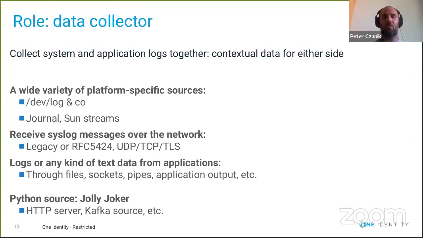As a central log collector, it knows both the legacy and the new syslog protocol over UDP, TCP, and encrypted connections, and can collect logs or any kind of text data from applications through sockets and so on. And we also have now a Jolly Joker, a bit slower than implementing in C, but a lot easier to develop.